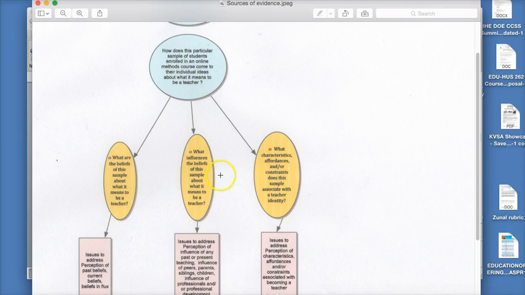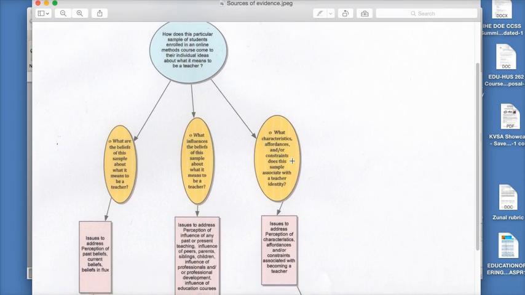And then what influences the beliefs that this sample has about being a teacher? And then three things I wanted to know. What are the characteristics, affordances, and/or constraints does this sample associate with a teacher identity? So it's what they believed about being a teacher, what influenced their ideas about being a teacher, and what they saw as characteristics, affordances, and constraints.